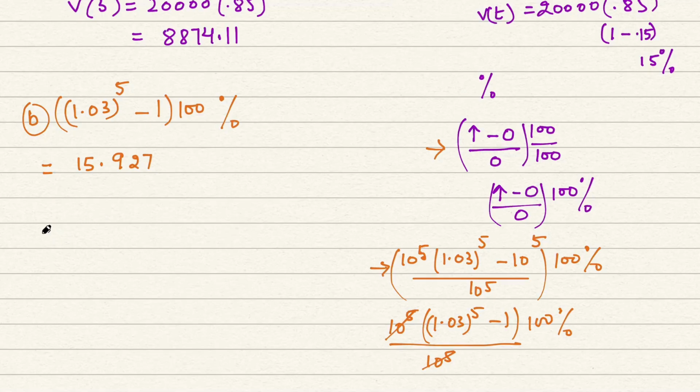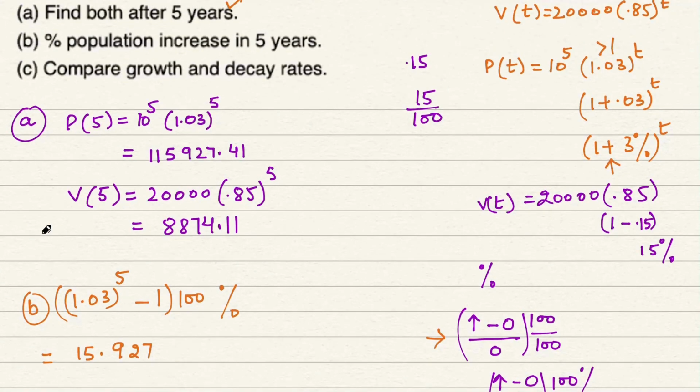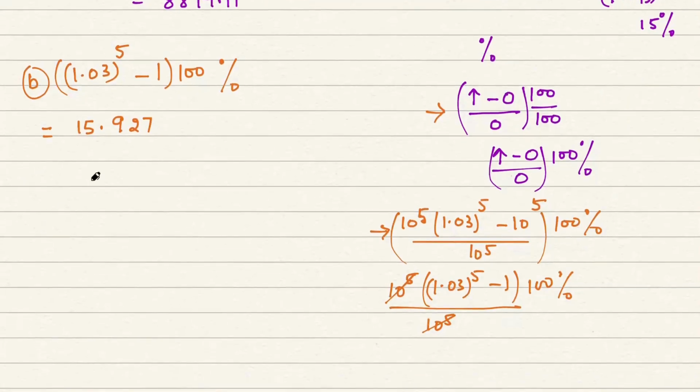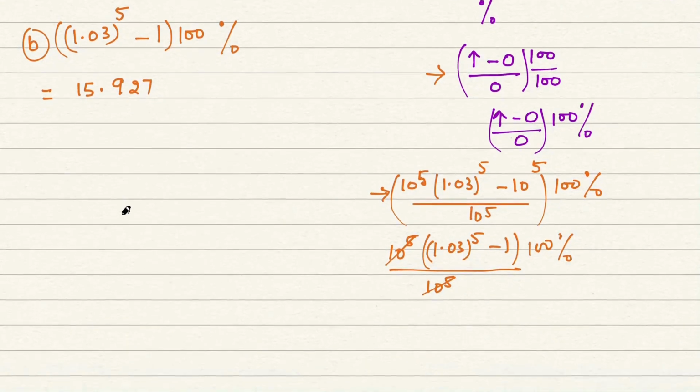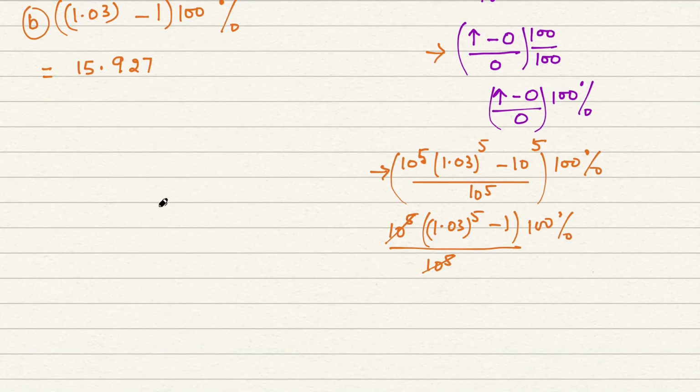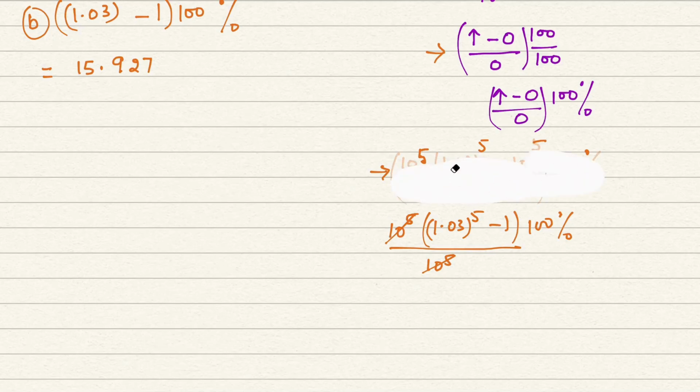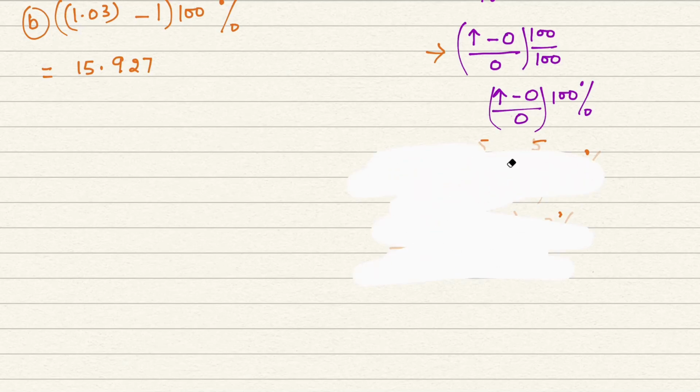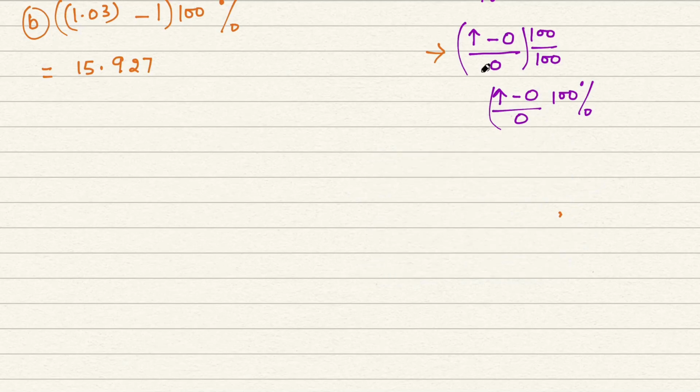Okay, what's the next question? Compare growth and decay rates. Okay, that is the growth rate. We have already calculated that. Now, again, for population we have done. Now we have to do for decay. Let's do one more concept. Let's wrap it. Now, when it is decay, definitely original value will be greater, right?